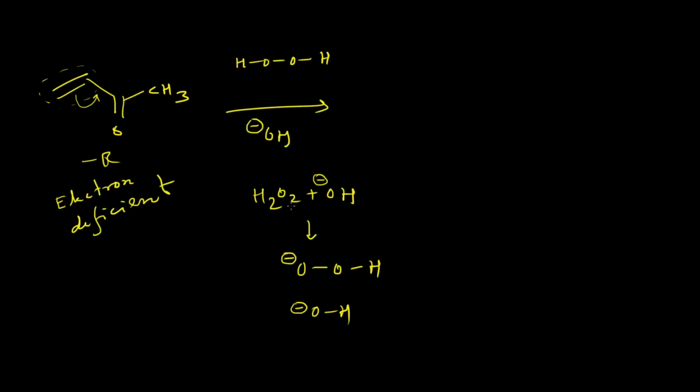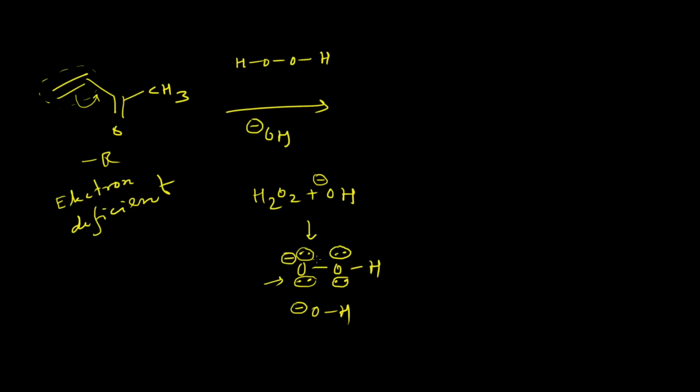Which one will attack? If you consider the peroxide anion, two oxygen atoms are present in adjacent positions. This will lead to the formation of a very high energy system which will be unstable. That is, the lone pair repulsion between these two oxygen atoms will be severely high, and also this oxygen is negatively charged, so there is an extra electron pair.